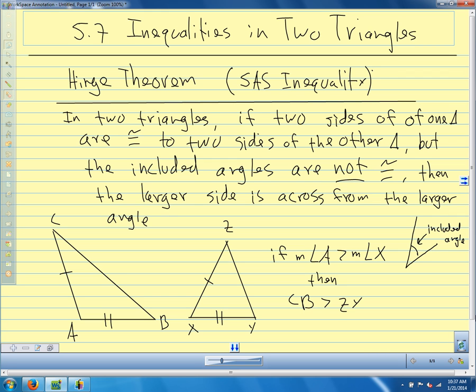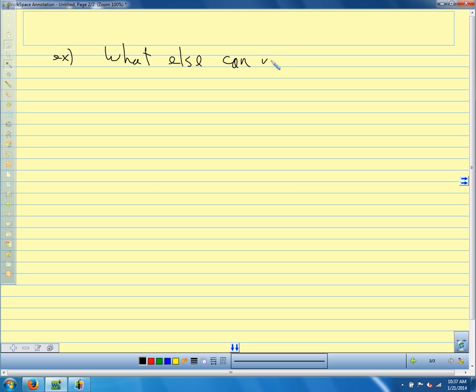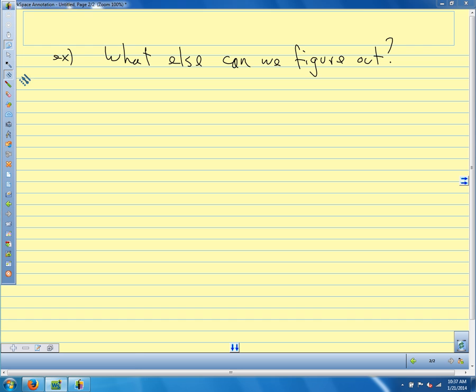So questions on what we mean about the hinge theorem. Okay, let's look at a couple of examples using the hinge theorem. So for this one, I'm going to say, what else can we figure out? So here's my picture.